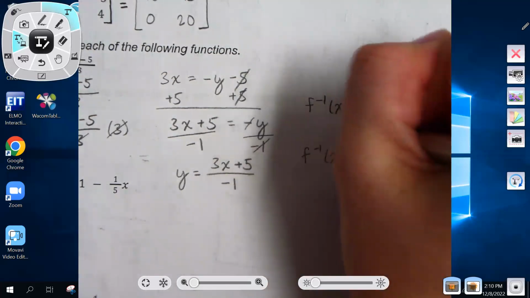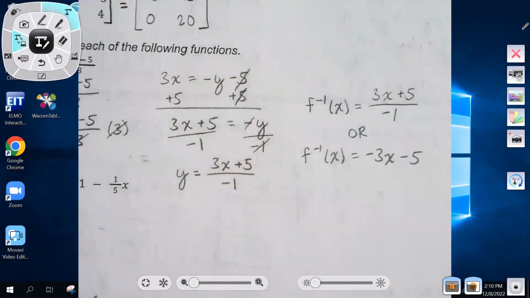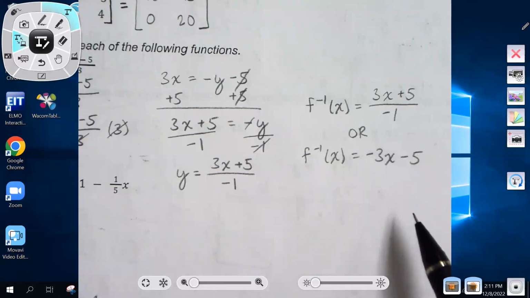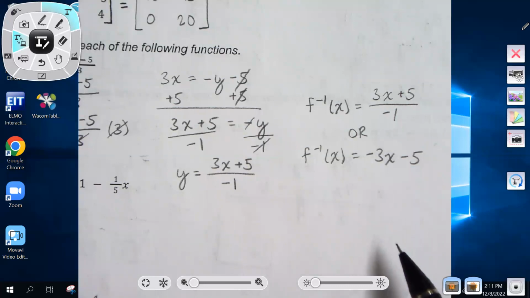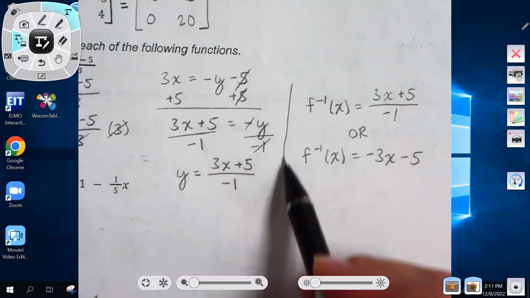So either one of these is fine. Can't think of another way that you could have it. Does anybody have something different and you want to know if it's right? Okay. Either one of these is correct.